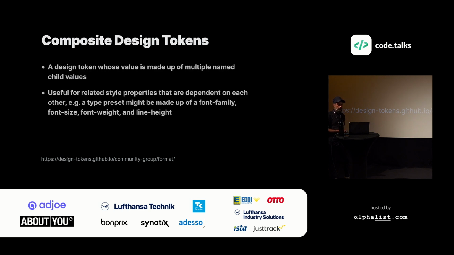And then really powerful are composite tokens. That's a design token that's made up of multiple values. You need that, for example, when working with typography. It wouldn't make sense to just have a font size on its own. You probably would also group a line height, a font weight, and other font-related attributes to that token.